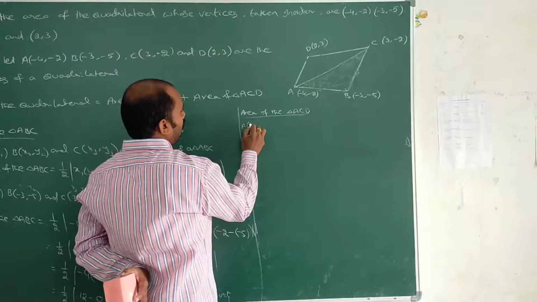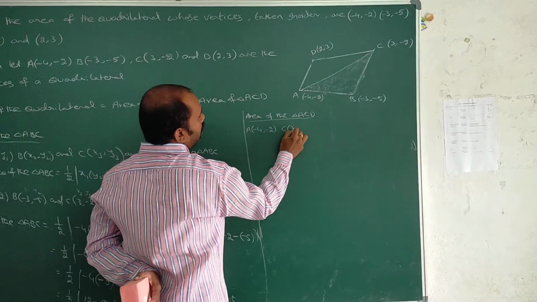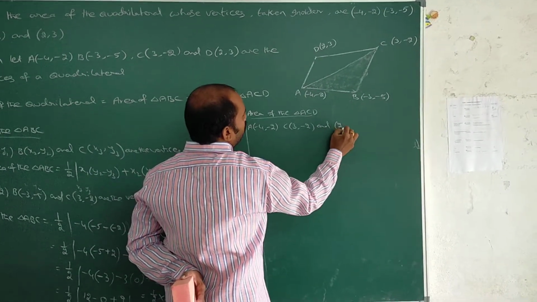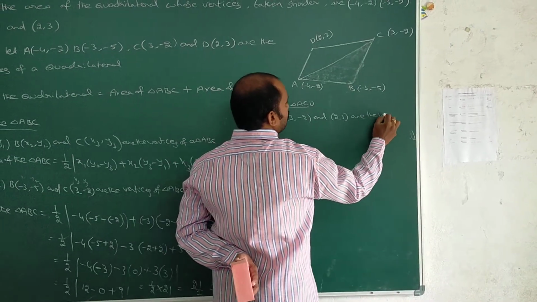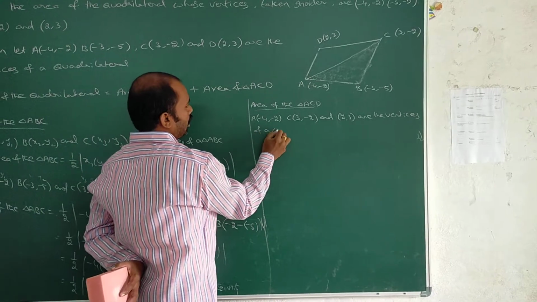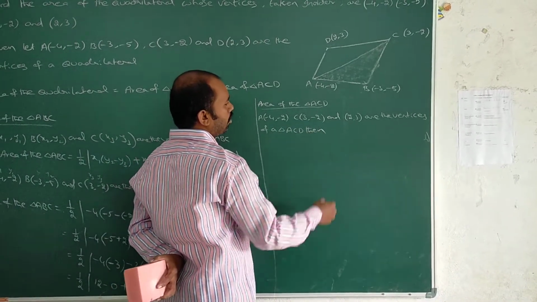Now write A, that means minus 4, minus 2, and C is 3 comma minus 2, and D is 2 comma 3. These are the vertices of the triangle ACD.